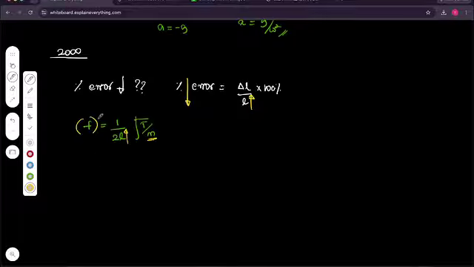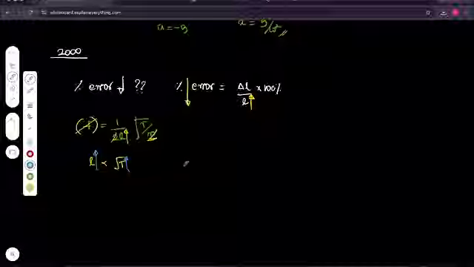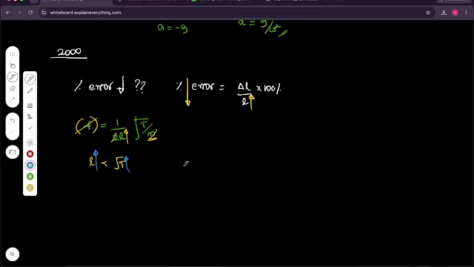So let's get the relation. Since everything is constant, if I remove f and m, I get L proportional to root T. So if I want to increase the measurement of the length, I can do that by increasing the tension. So if I increase the tension, length for a given measurement will increase.